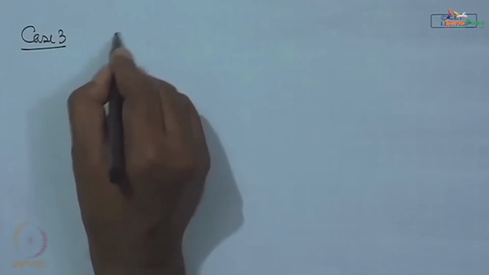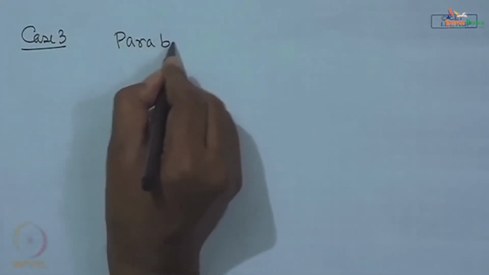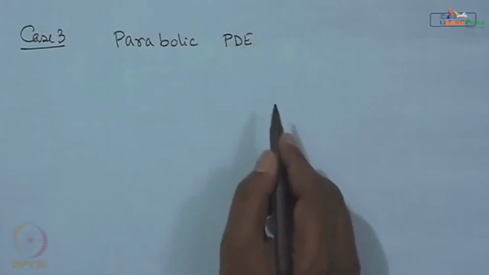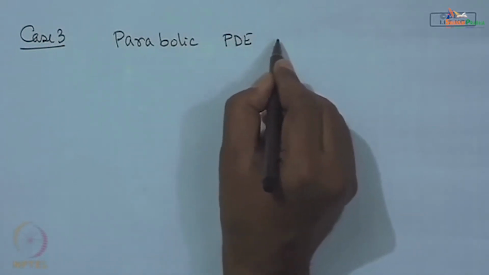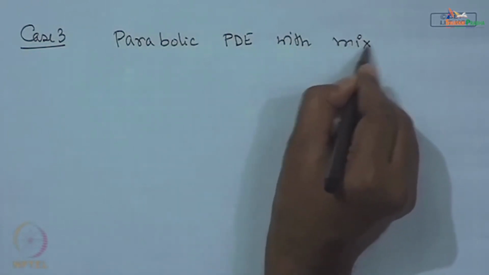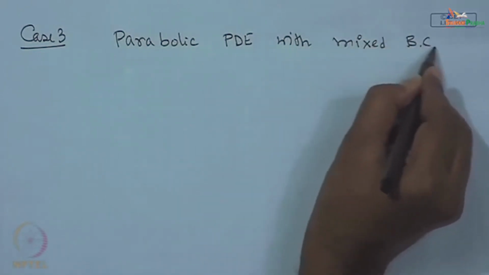Then we look into case number 3, where we deal with a parabolic PDE of a well posed problem with mixed boundary condition.